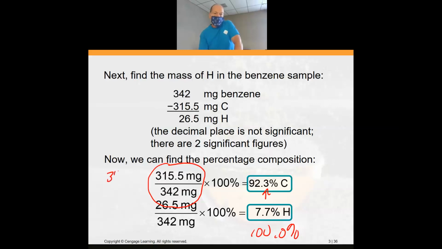So you would take your 342, subtract the 315.5, and if you did sig figs, you would have a bigger problem here. But anyway, 26.5. If you take your 26.5 and you add your 315.5, you actually get 342.0.